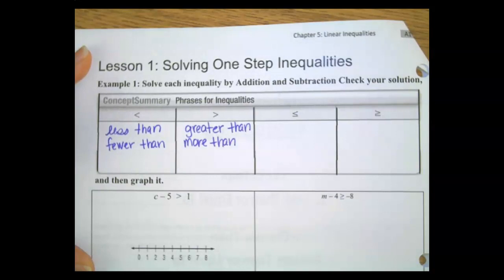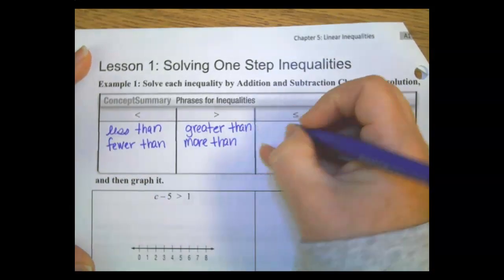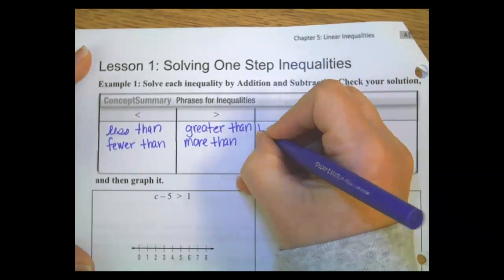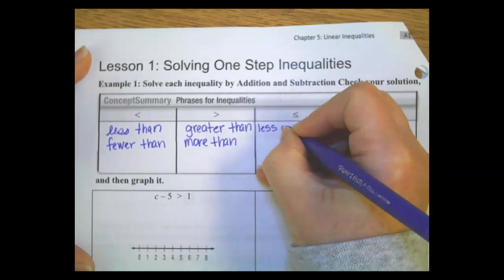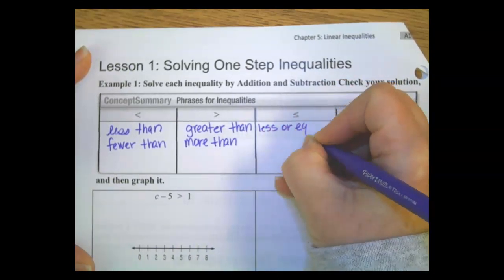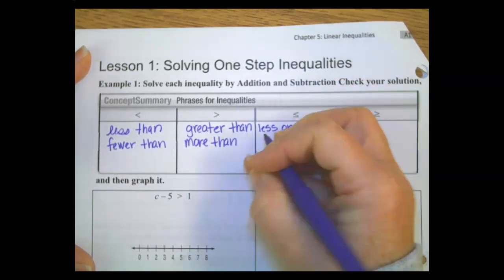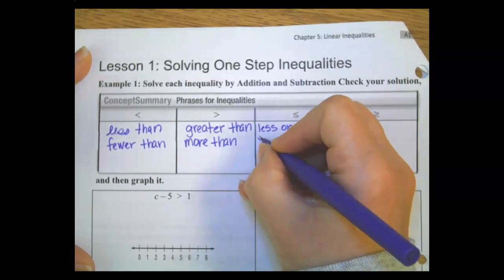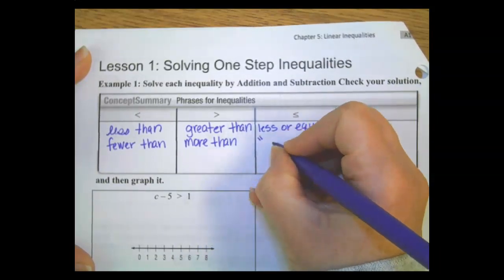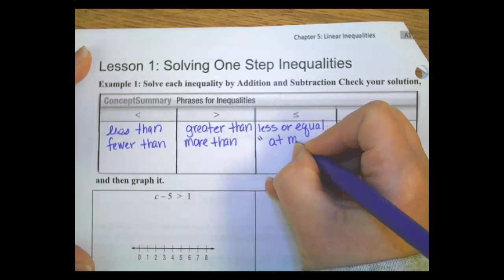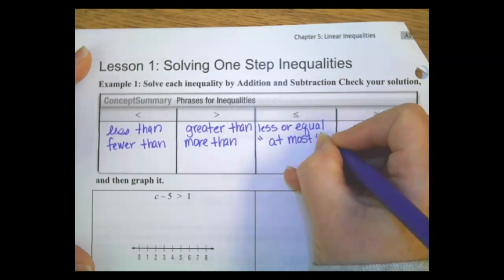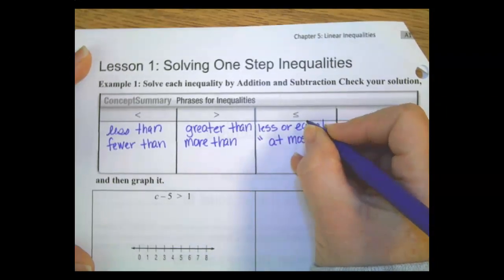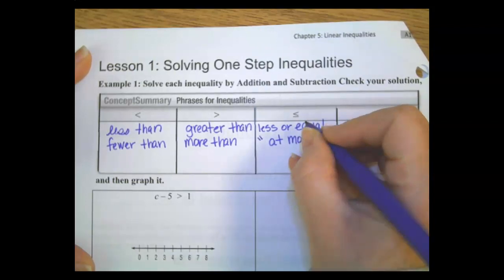These are the tricky ones because this could mean less than or equal. But these are the words that you need to know. This is at most. Most, you're thinking big, but it's the less than or equal to. Or no more than.